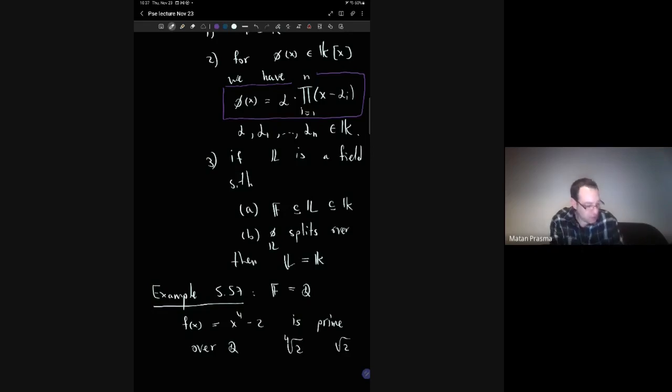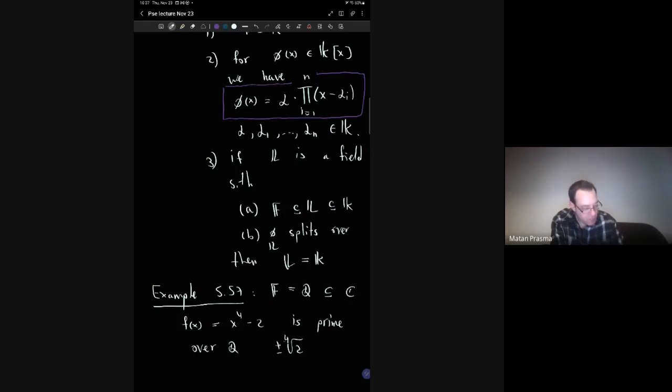Okay, and of course also you could do minus the fourth root of 2. In fact, if I think of Q as contained in the complex numbers, then I could figure out all the possible roots of f.